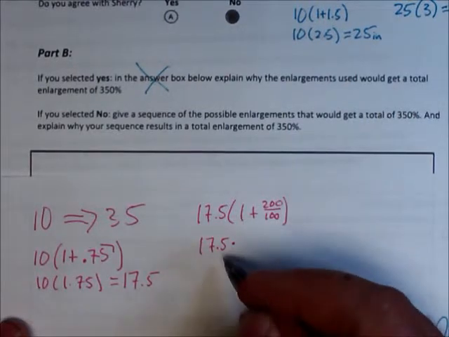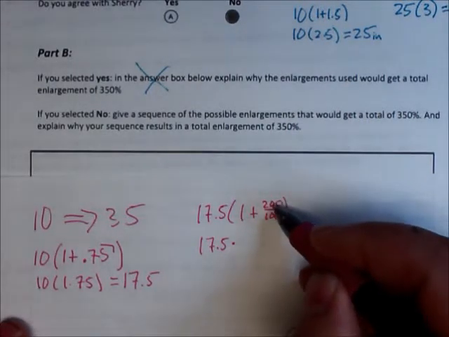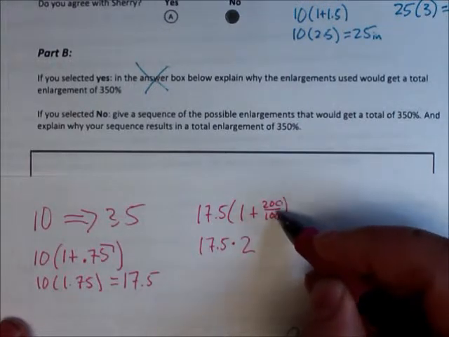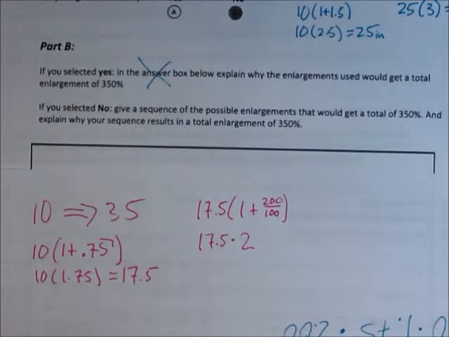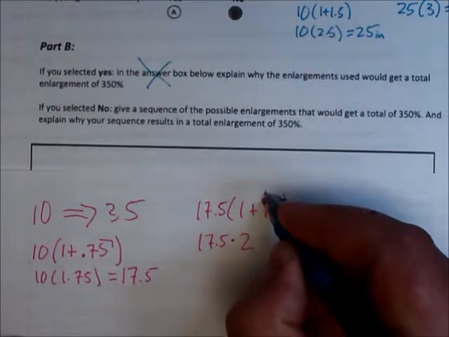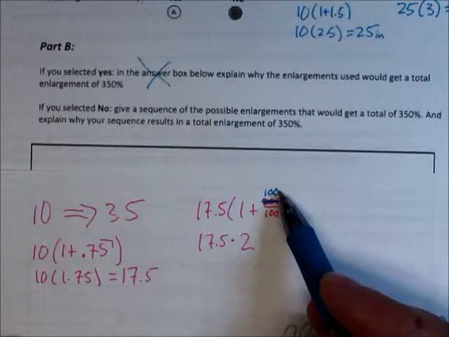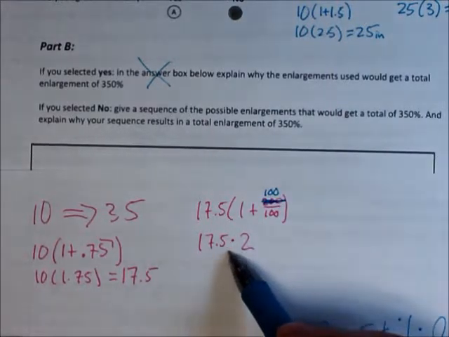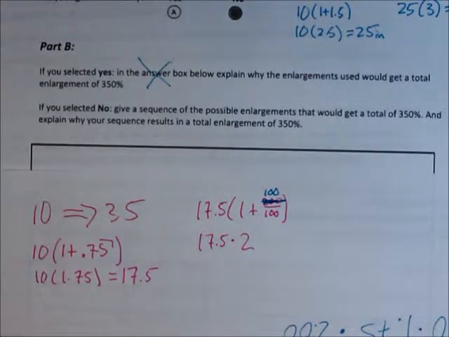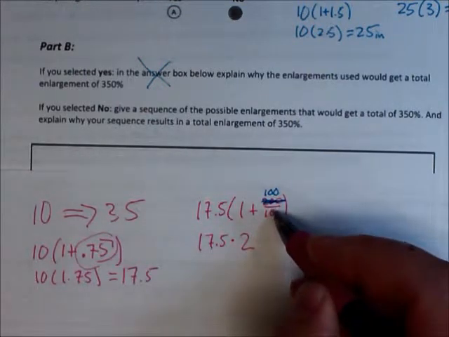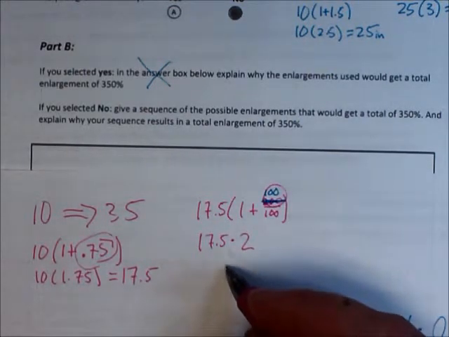I want to multiply this by 2. So this isn't going to work, because it's going to give me 3. But if I do a 100% enlargement, that's going to give me 1 plus 1, that'll give me 2. That would work. So first I did 75%, and then I did 100%. I got to 35.